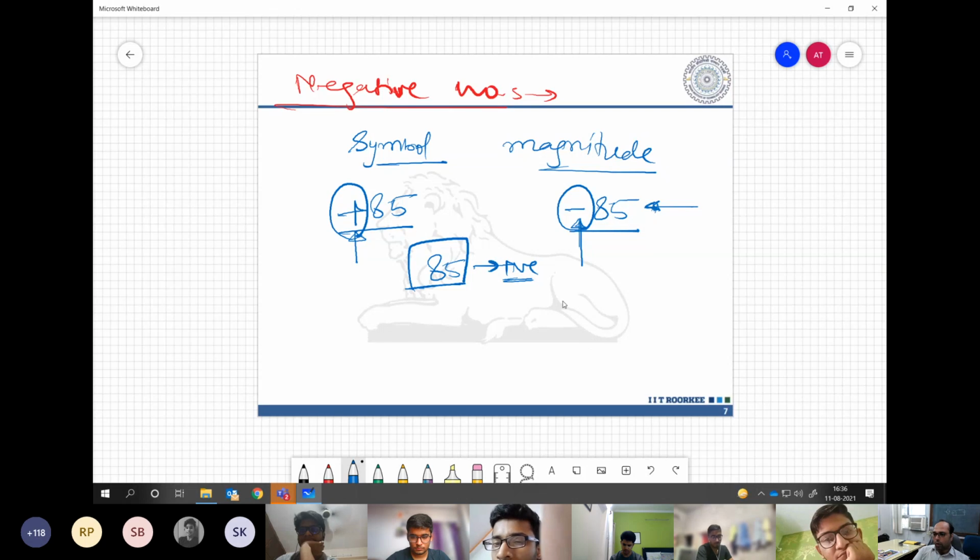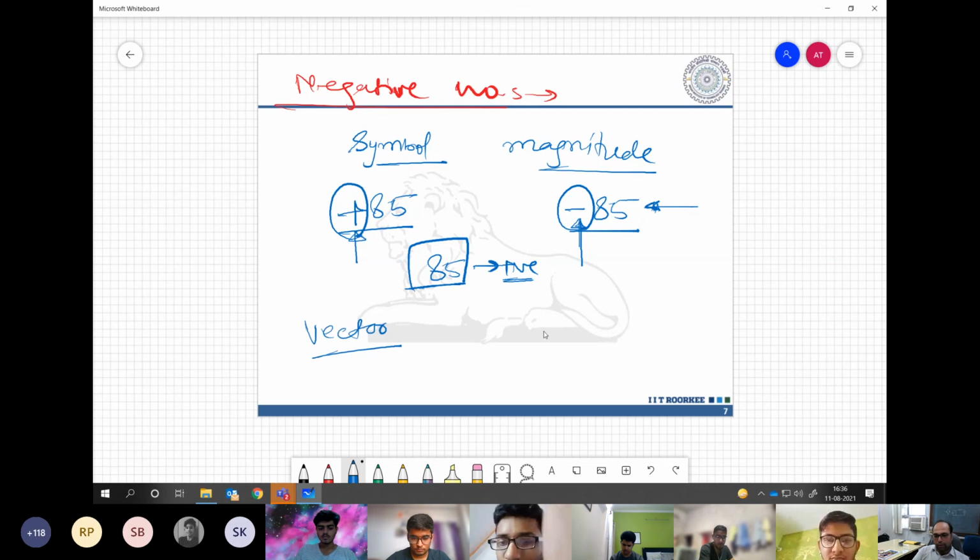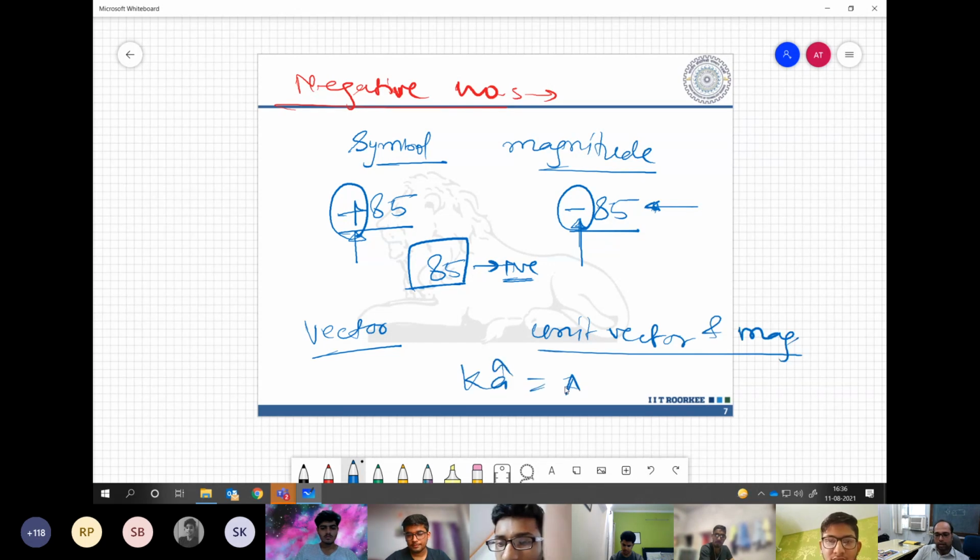That is how we correlate with things in our life. We have, let us say, a vector quantity to represent. We will always have some unit vector and its magnitude. So some k times a hat, that we will say is the vector a.